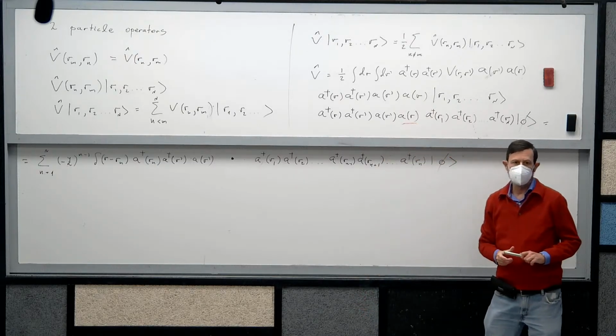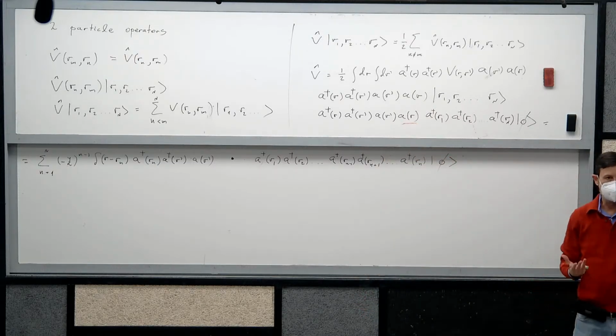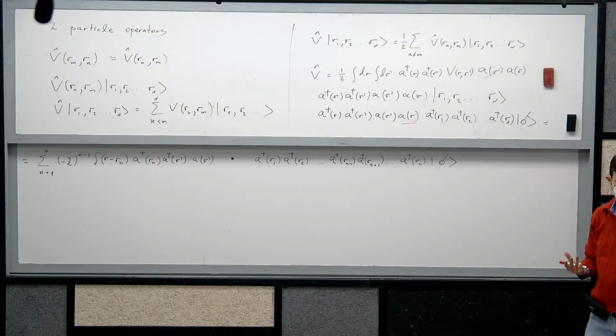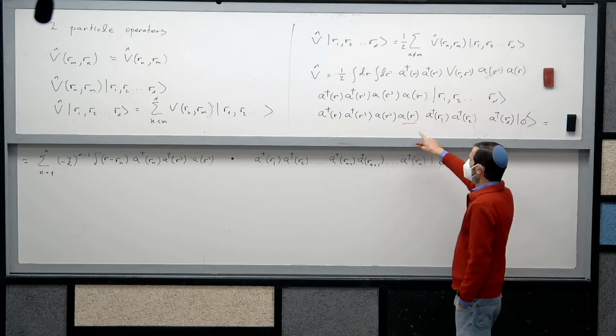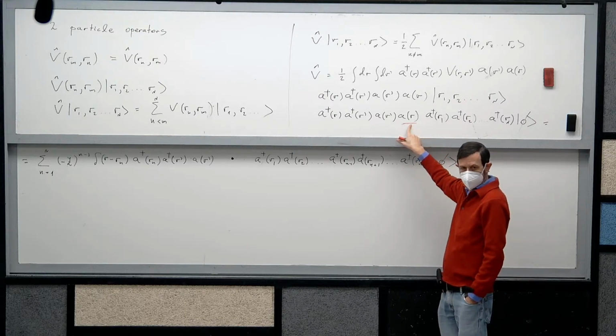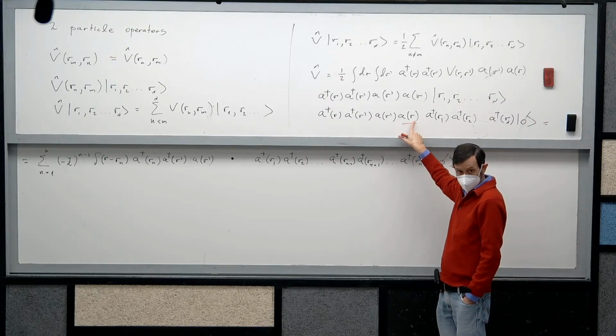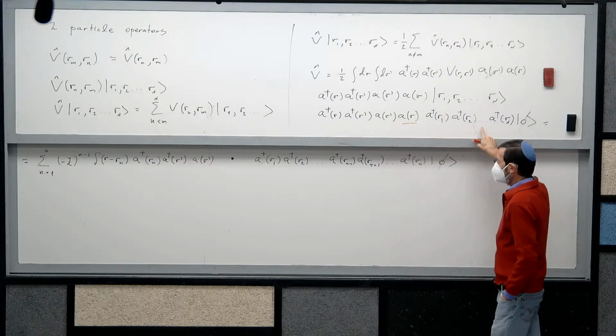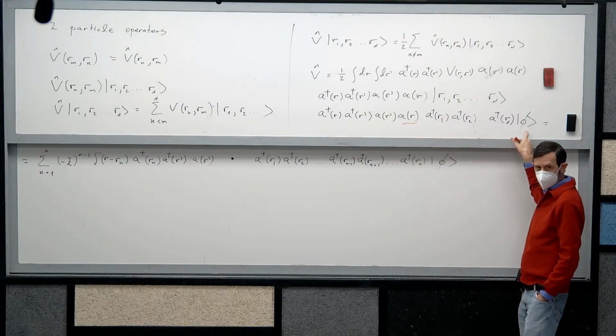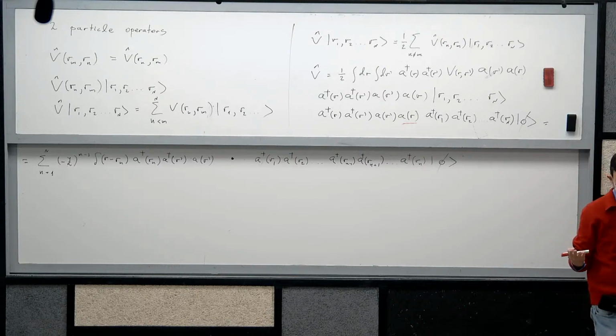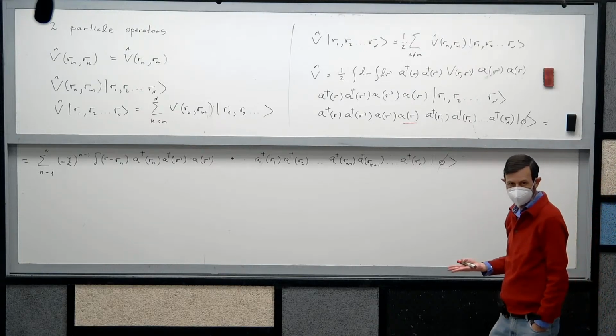I want to see what this annihilation operator does. What can it do? If R is not equal to R1, R2, R3, R4, and so on, it's just zero. You're trying to annihilate a particle that's not in that state.